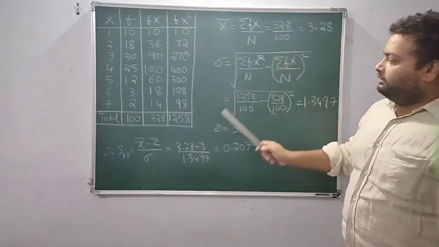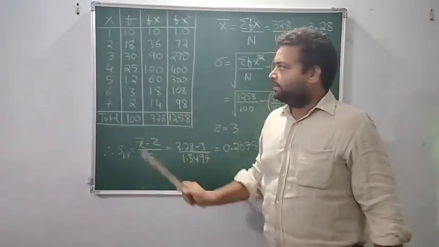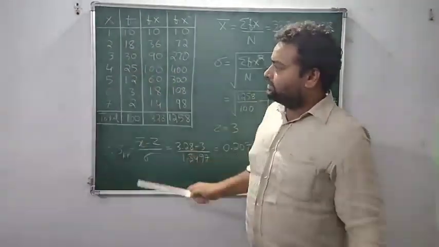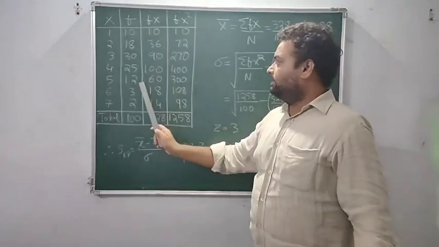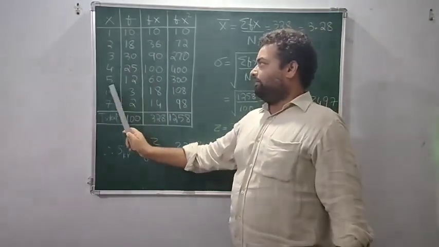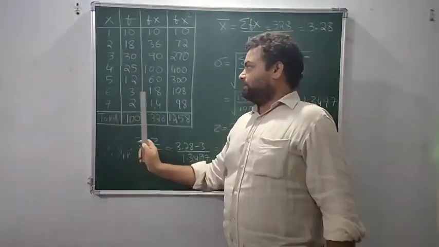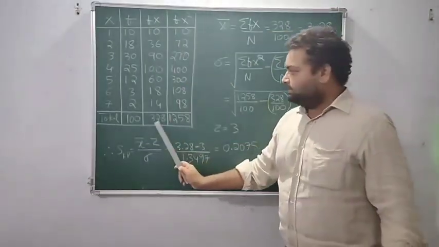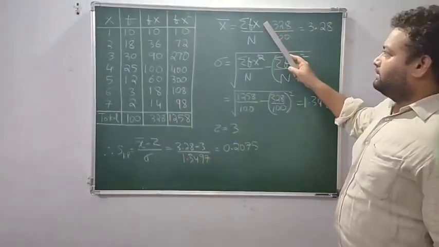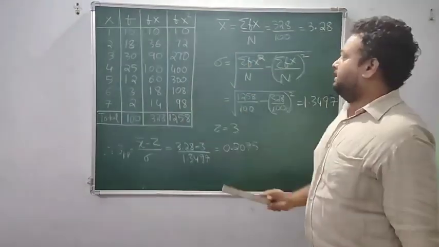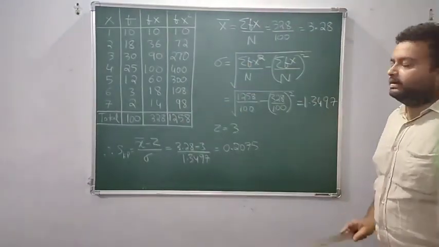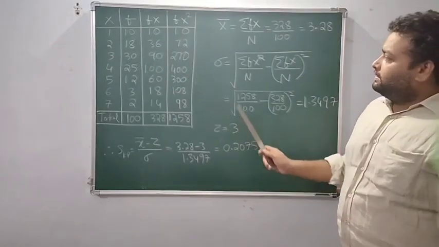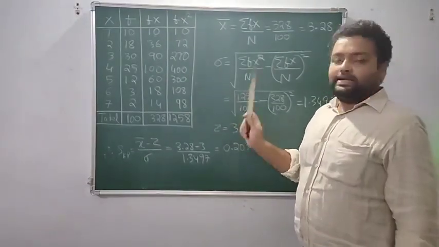So n, the total of the frequency, is 100. f into x, that is 10 into 1 is 10, 18 into 2 is 36, 30 into 3 is 90, 25 into 4 is 100, 12 into 5 is 60, 3 into 6 is 18 and 2 into 7 is 14. The total of this column is 328. Therefore, summation of fx divided by n, 328 divided by 100, is equal to 3.28.